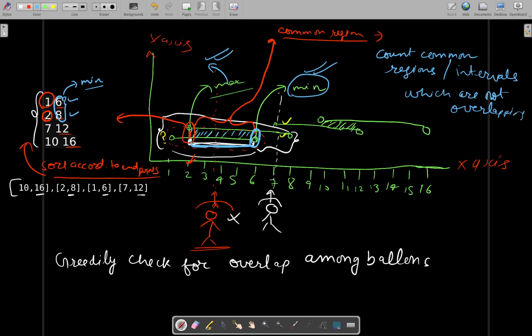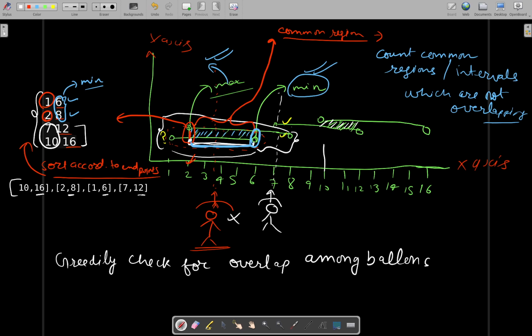So how many of them are there? There are only 2. As you can see, this is also a common region between these two coordinates, and as you can also observe here, for this particular part we have taken the maximum.